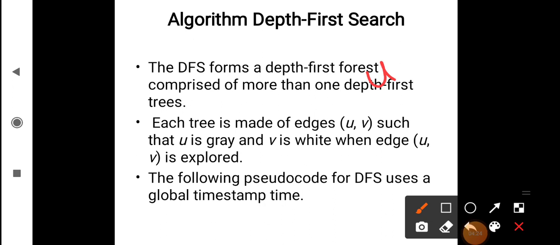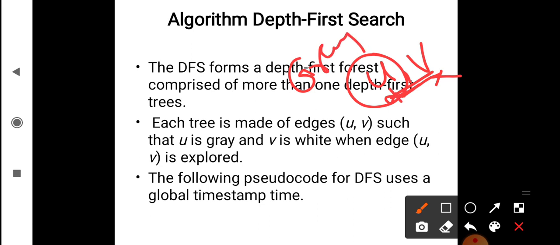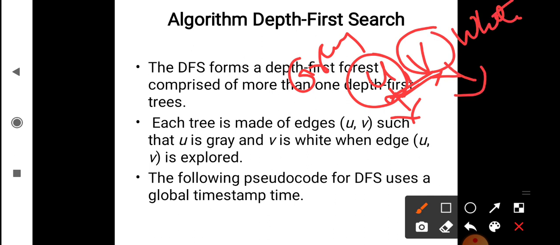So when we find an edge UV, in this case U is gray, which indicates that it is discovered and not finished. V is white, which indicates that this is an undiscovered node.